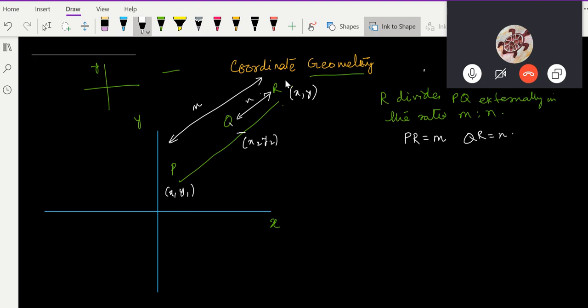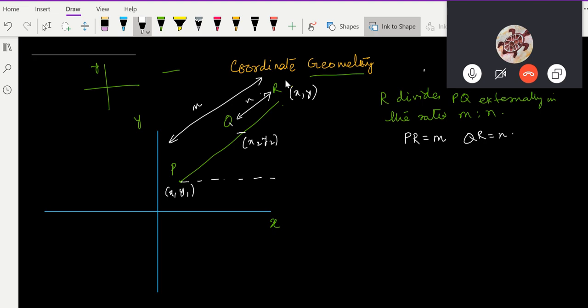So how do I find x and y? Again, we have to use the same logic. Because we want a ratio, we have to use similar triangles. So which are the similar triangles we can see?